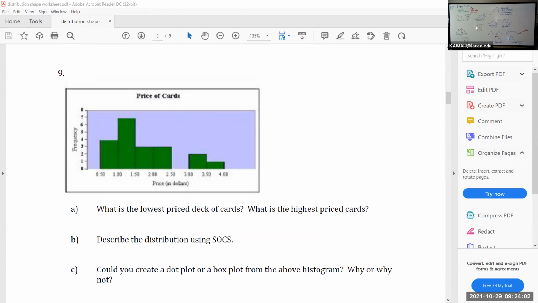Let's see. I'm not sure what that SOCS is. Let me look it up real quick. So go ahead and do the lowest price, and let me see what SOCS is if we have to care about it. Oh, okay.